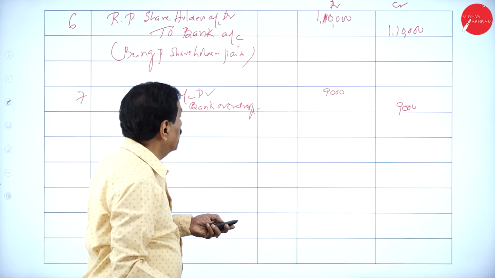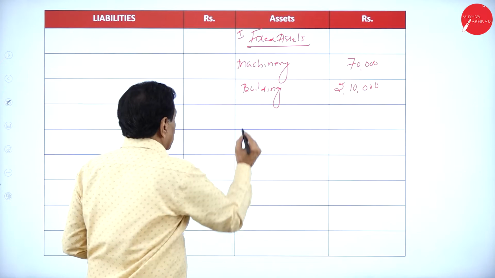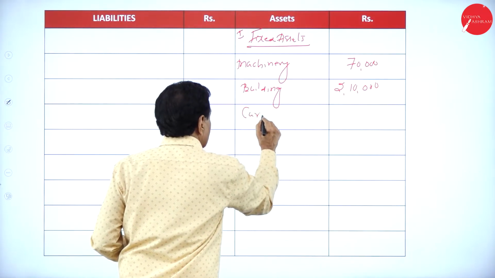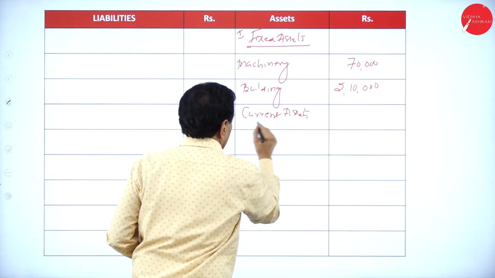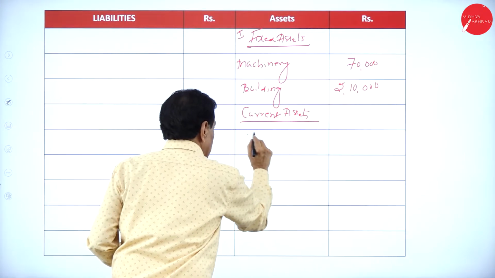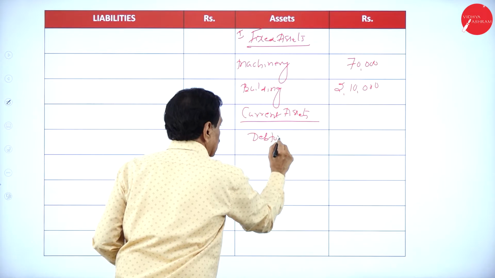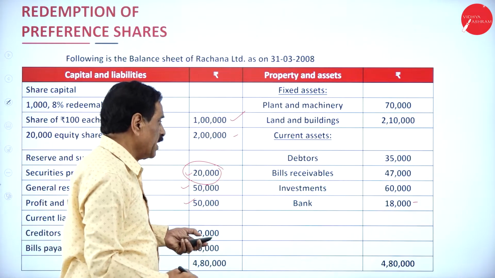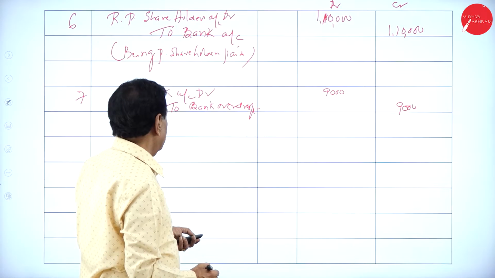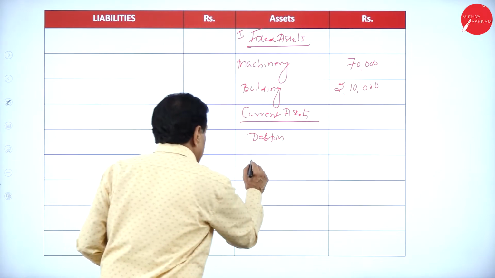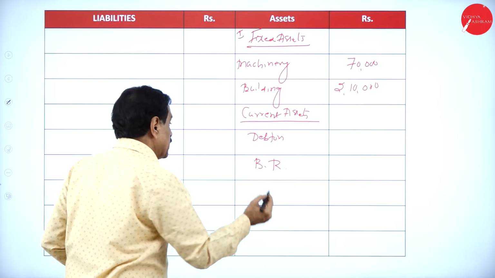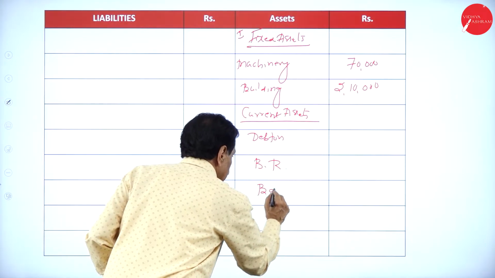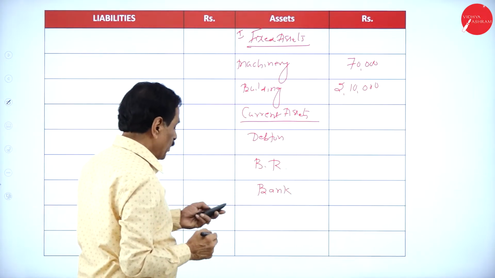Then current assets. Number 1, debtors, then BR. Investment won't come, it has been sold. Bank. So we'll go one by one.